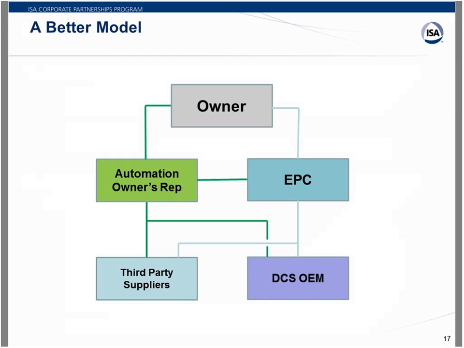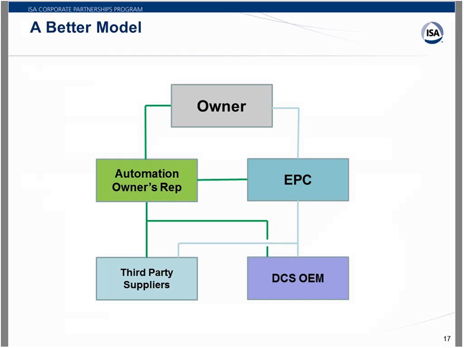Lee, do your thing. Thank you, Hunter. Great job setting that up for us. So Hunter talked about some of the challenges with that traditional model. And this slide depicts a representation of what we would advocate as being a better model for large project execution. And the big difference here is the inclusion of this automation owner's rep.